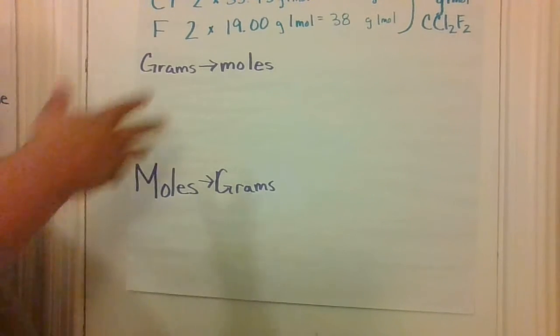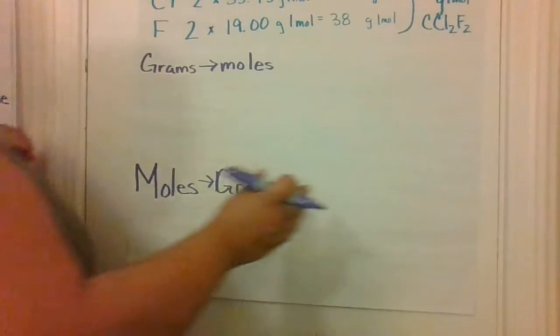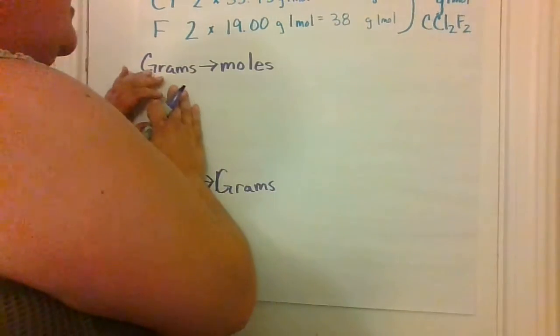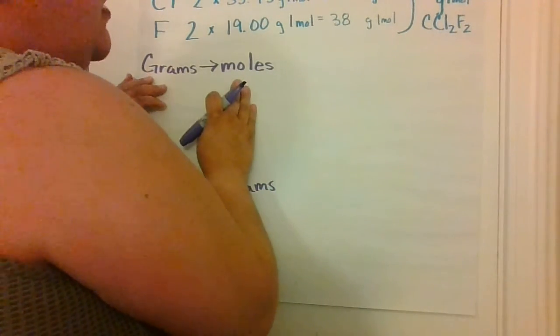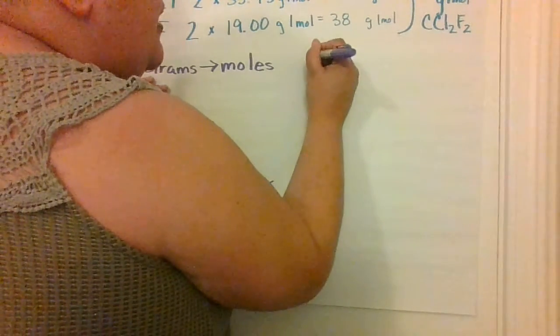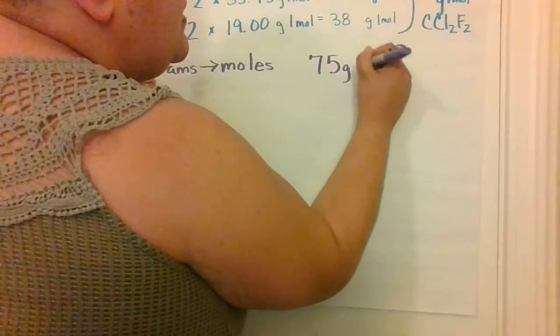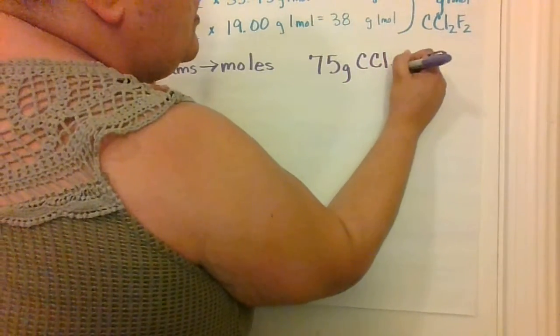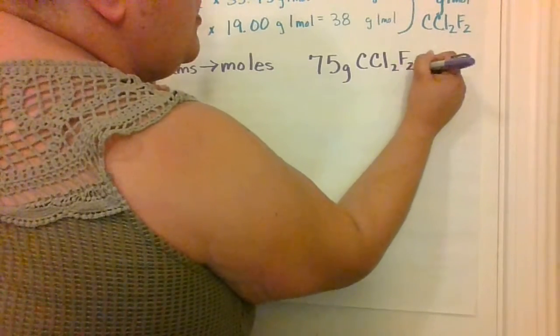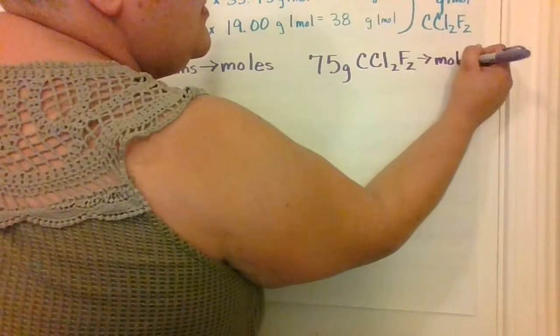Let's use the compound we have here. It's asking us to take grams and convert to moles. Let's say I have 75 grams of CCl2F2, and I need to find out how many moles.